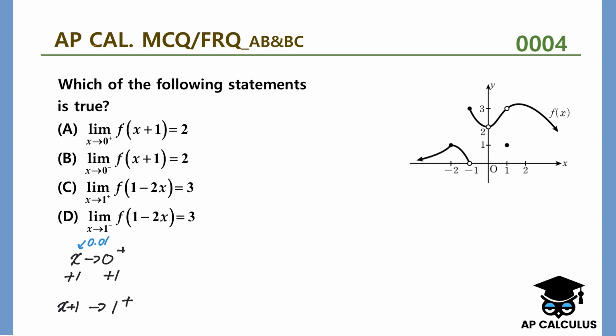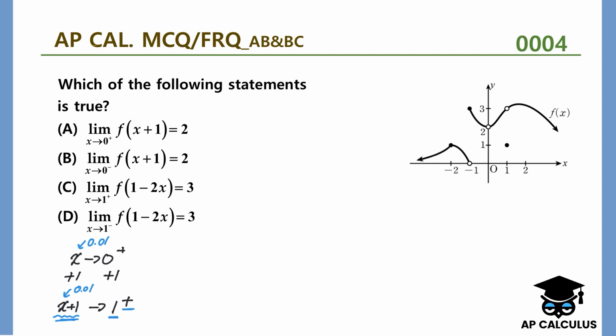Those values. If x is 0.01, all of this value is 1.01. If x is 0.001, x plus 1 would be 1.001. It actually approaches 1 from right hand side, right?